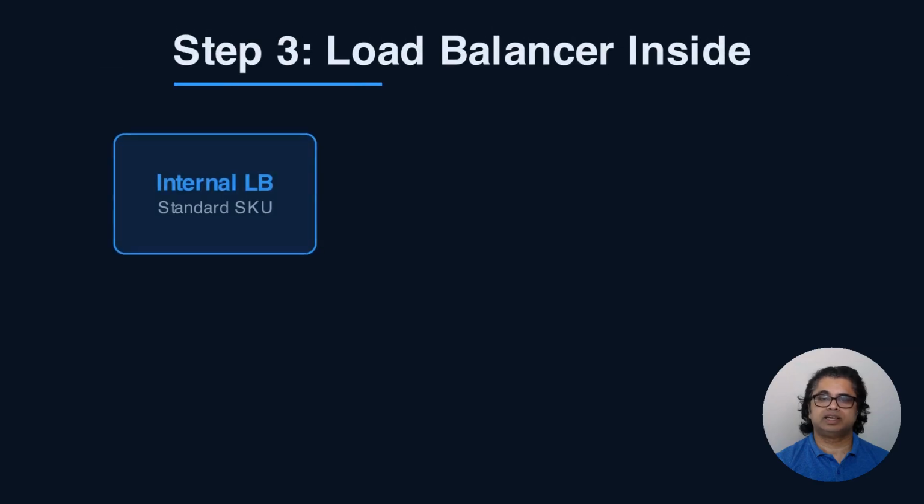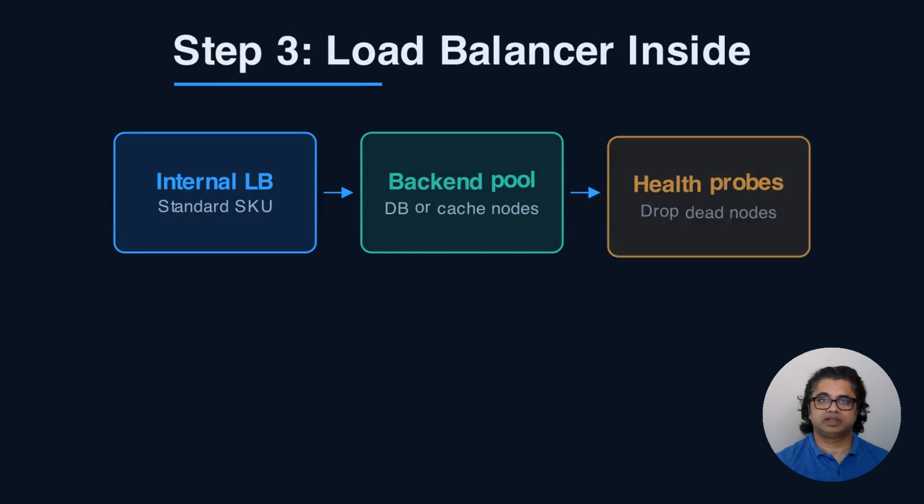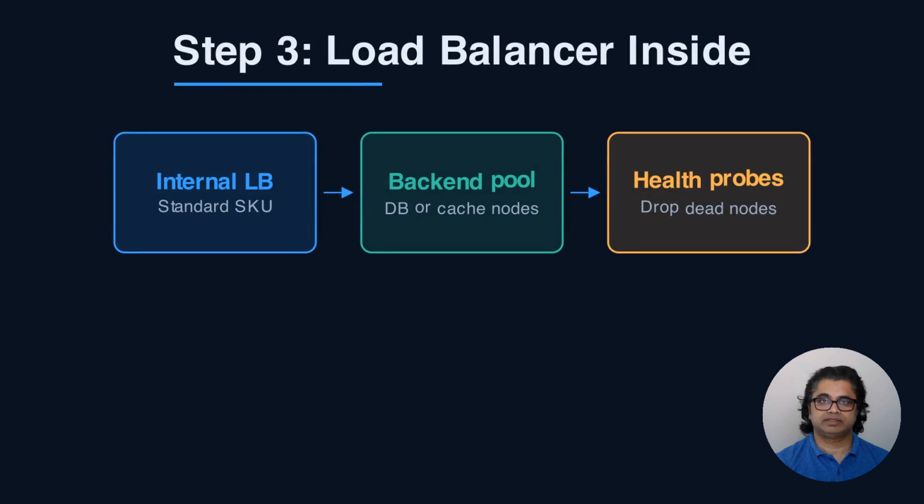Behind the gateway, the actual work happens. Say your API tier runs as a backend that needs to talk to a cluster of database or cache nodes over raw TCP. That's where the internal standard load balancer earns its place. It distributes Layer 4 connections across healthy backend instances using a hash of source and destination, with health probes pulling dead nodes out.